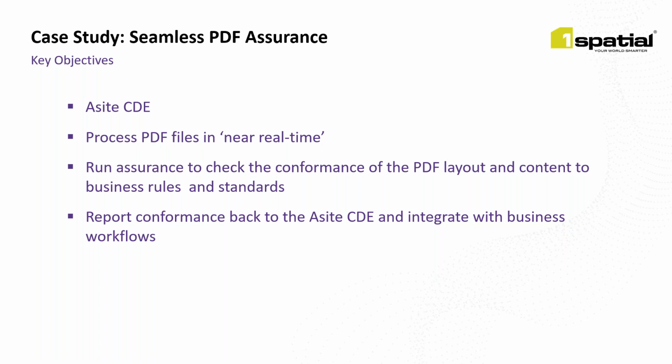In this last part of the webinar, I'd like to go into an example we've worked on in a bit more detail. We recently worked on a proof of concept to look at the idea of automatically verifying PDF files uploaded to a CDE. And in this case, the CDE in question was ASITE.